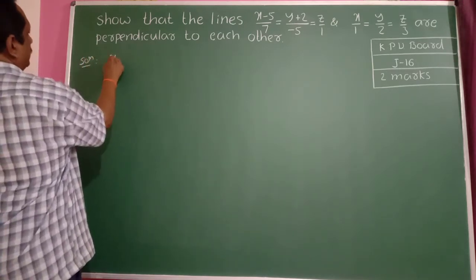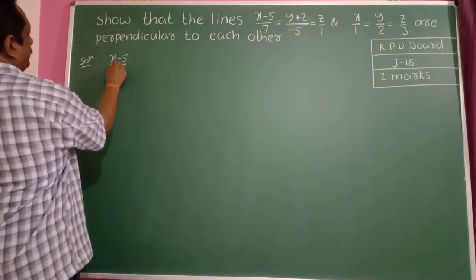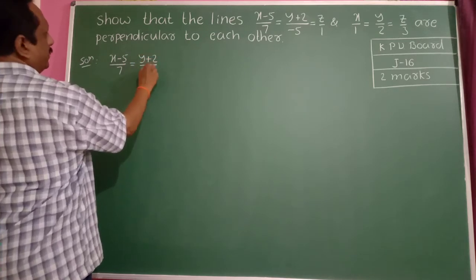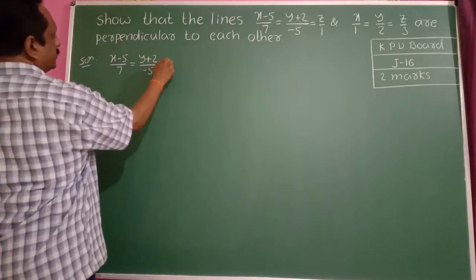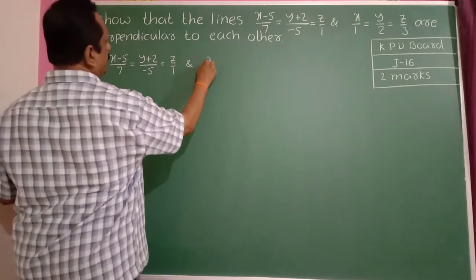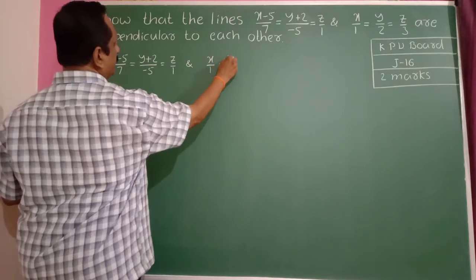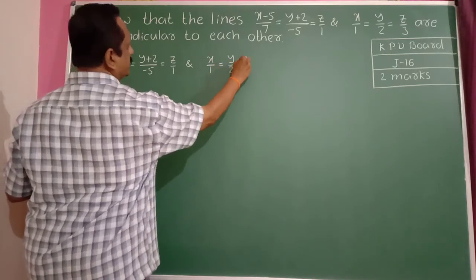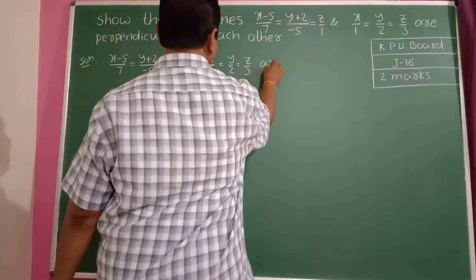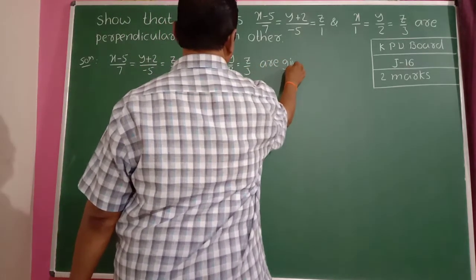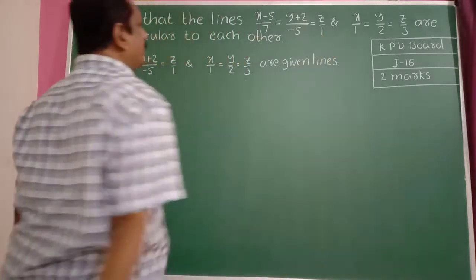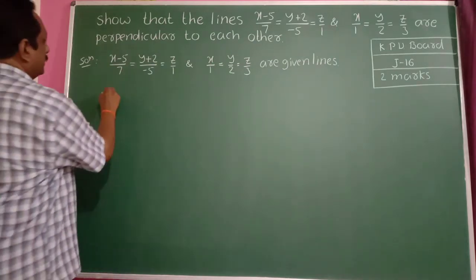So (x − 5)/7 = (y + 2)/(−5) = z/1 and x/1 = y/2 = z/3, given like this.